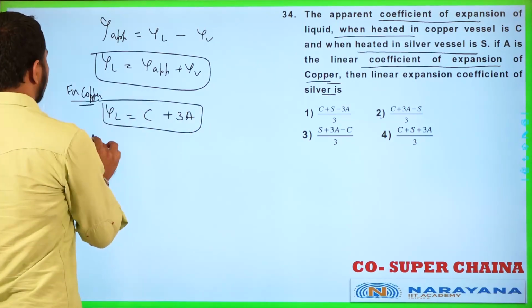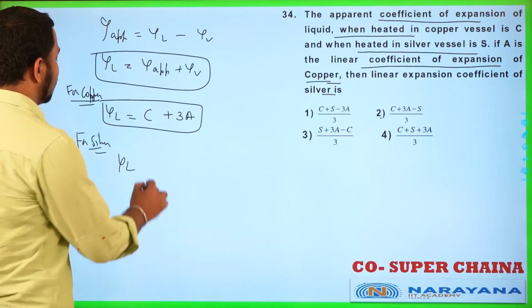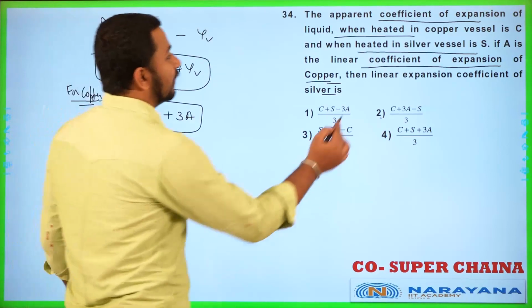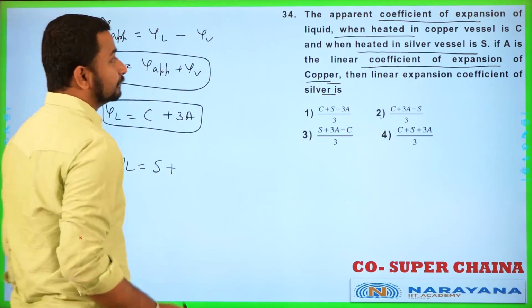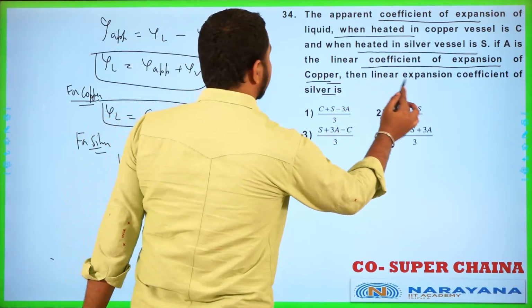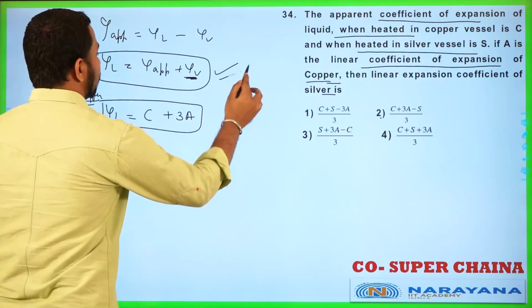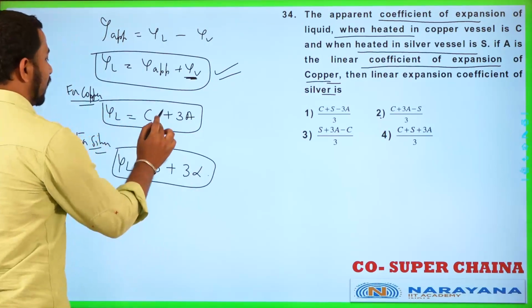Now for silver, the liquid is the same, so we can write gamma L only. Gamma apparent for silver is S, plus the gamma of the vessel, which is 3 alpha, as we need the linear coefficient of silver. We can equate the two values.